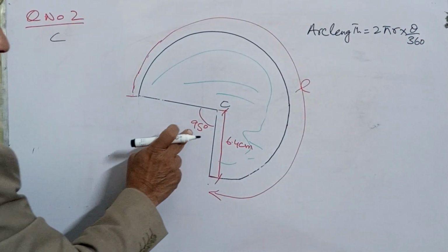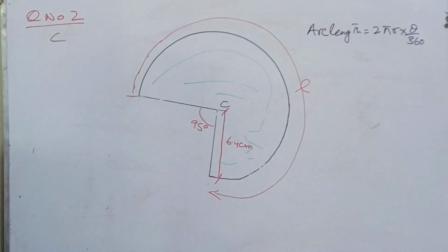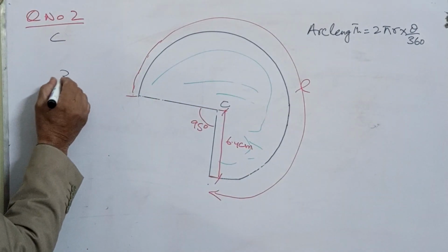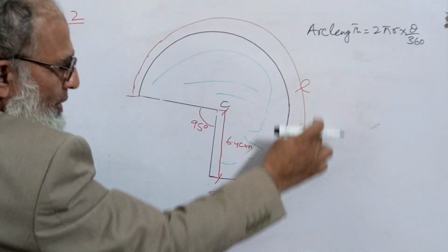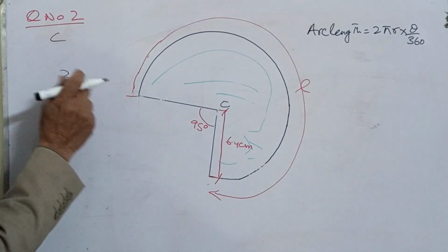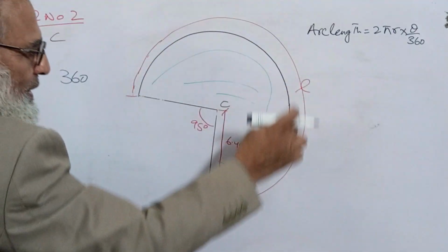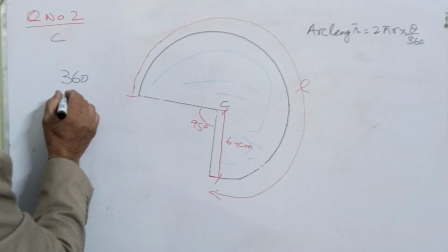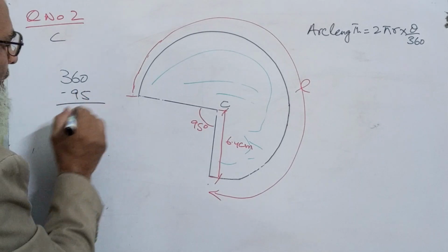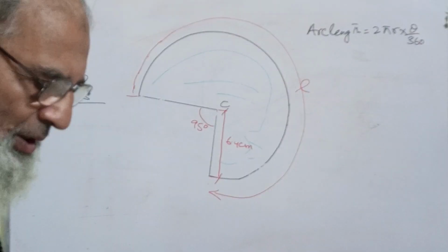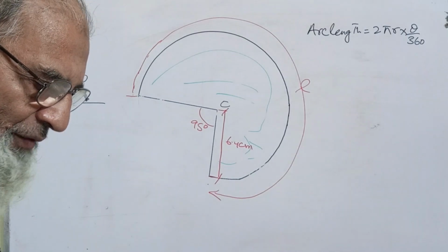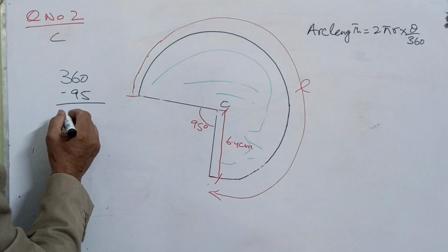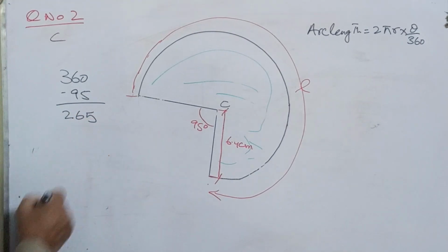Now you see that the internal angle is not given to us, but we know that from here till again here it is 360 degree, because in a circle there are 360 degree. So if I subtract 95 from 360, what I will get is 265 degrees.